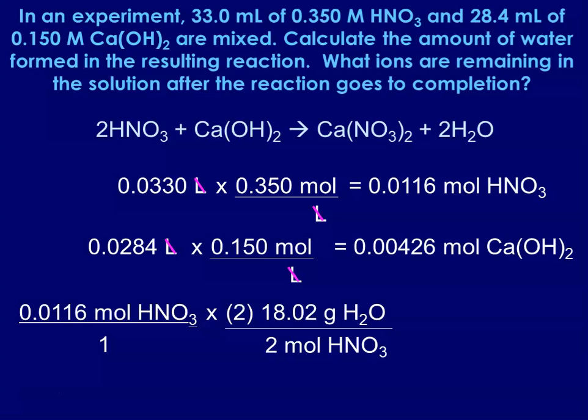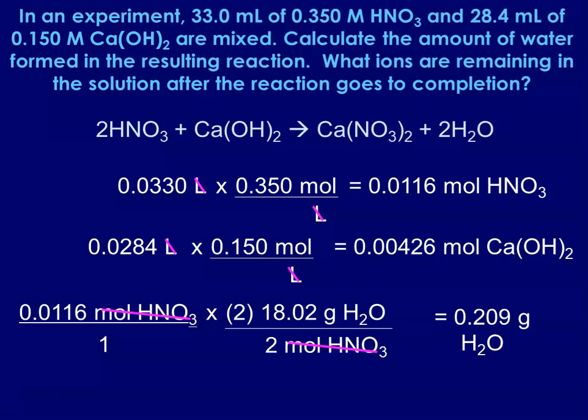There's 1 mole of HNO3, or moles always gets 1, but then you multiply by the coefficient, so 1 times 2 would give you that 2 there. And then with grams of water, you need the molar mass, 18.02, as well as its coefficient 2. And if I do my math through, coefficients don't affect my sig figs, but my molar mass had 4 sig figs, my moles had 3, so I wanted 3 sig figs in my grams of water.